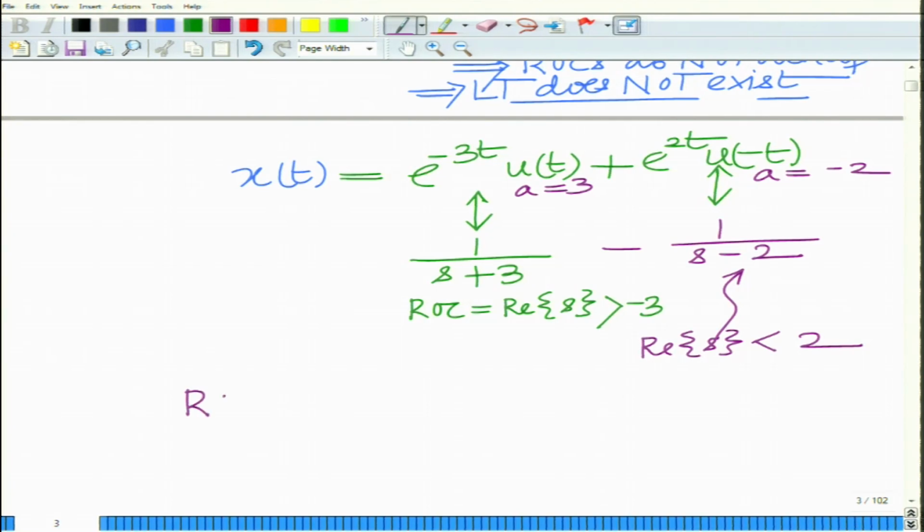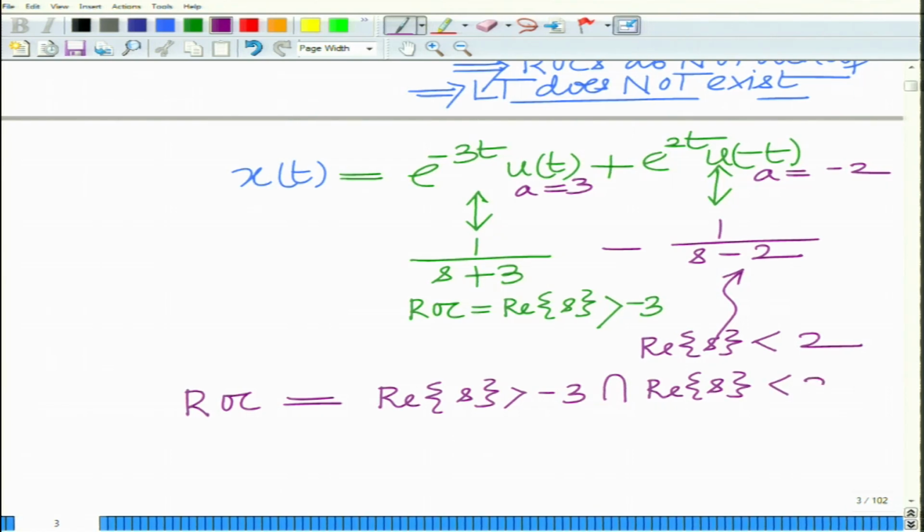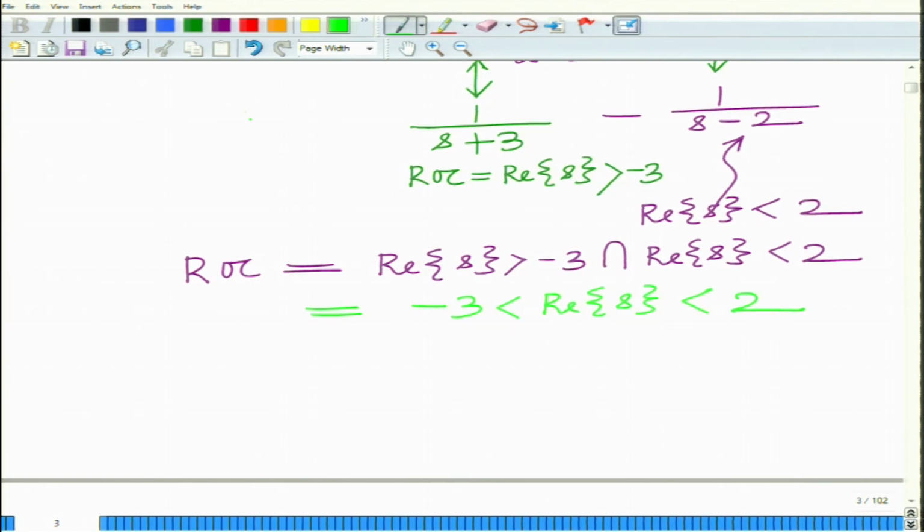Which implies the net ROC equals the intersection of these two ROCs, that is real part of s greater than minus 3 intersection real part of s less than 2. You can clearly see the intersection is minus 3 less than real part of s less than 2, and the net Laplace transform X(s) equals 1 over s plus 3 minus 1 over s minus 2.